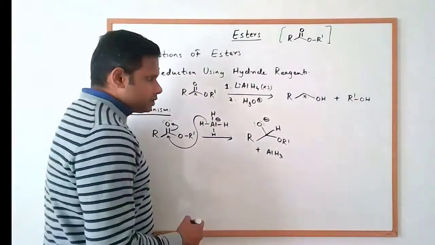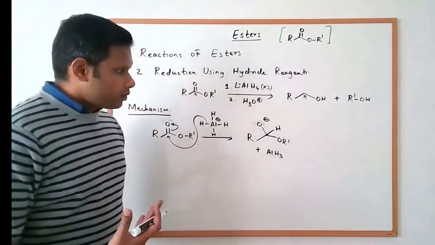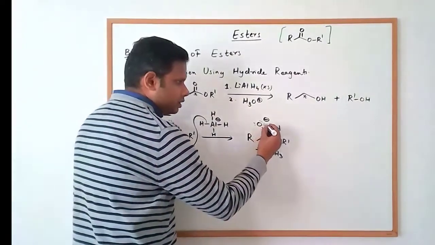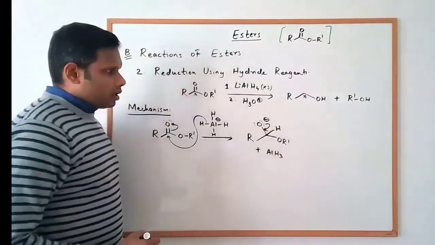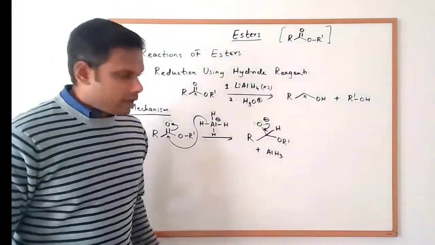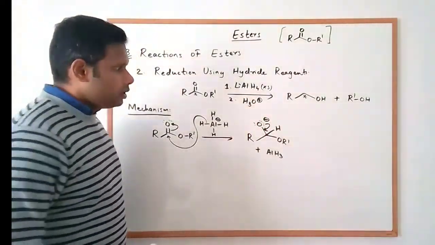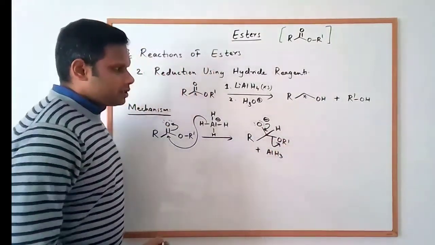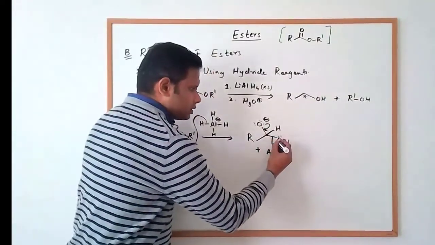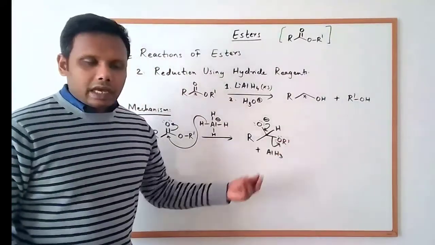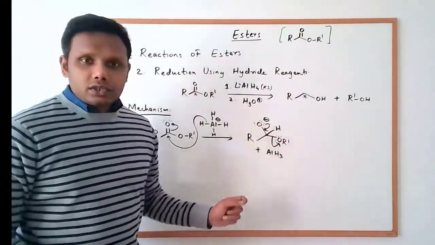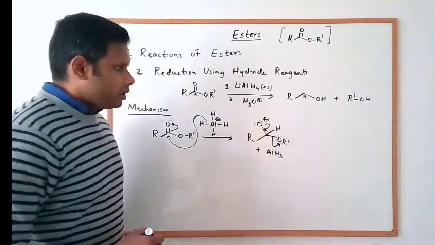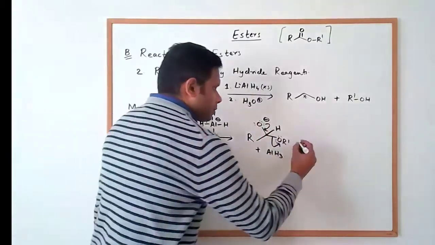Now, like any other nucleophilic acyl substitution reaction, this is our tetrahedral intermediate. The tetrahedral intermediate collapses, the oxygen brings down its lone pairs, and at the same time, the alkoxide group is kicked out. Hydrogen is a very bad leaving group, so that does not leave in this step.